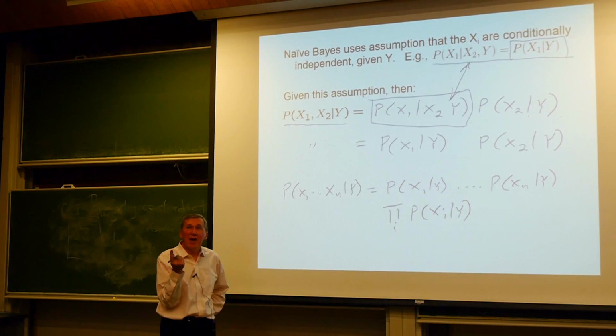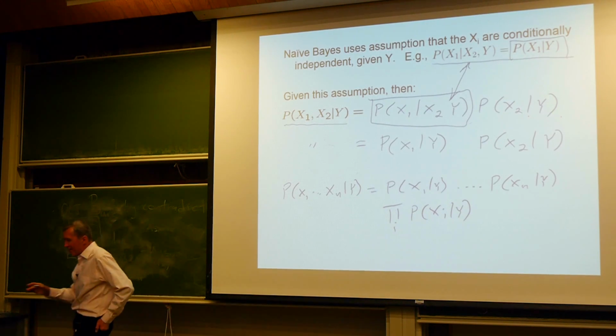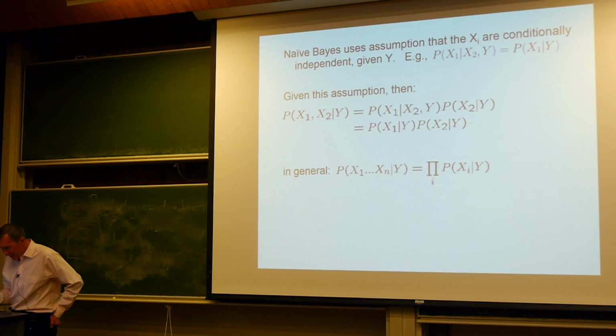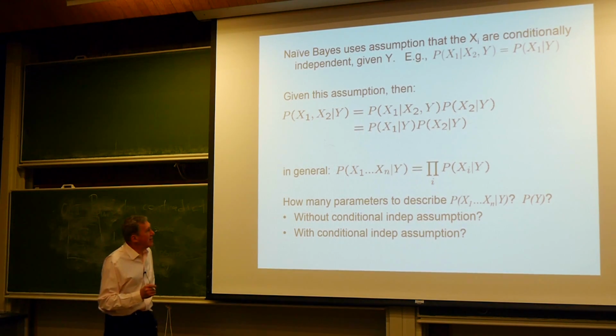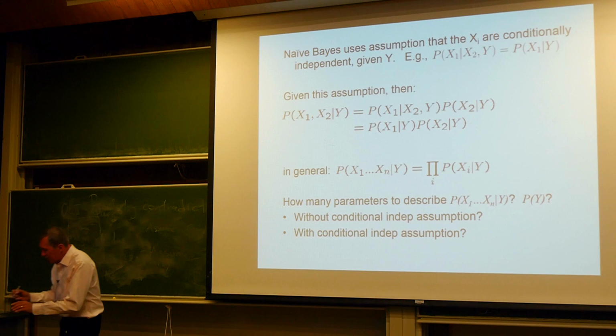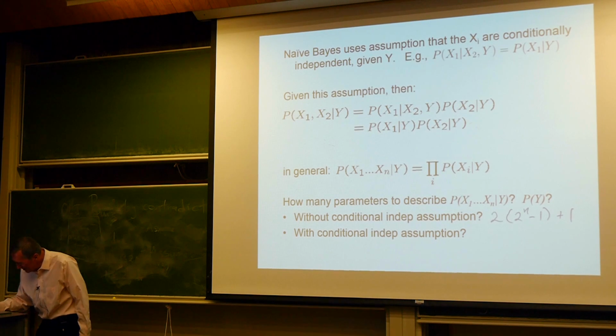So now let's think about what this conditional independence assumption does to the number of parameters we have to estimate. It's a beautiful story. Without the conditional independence assumption, you just told me that we would need 2 times 2 to the n minus 1 plus 1, I guess, 1 for this.